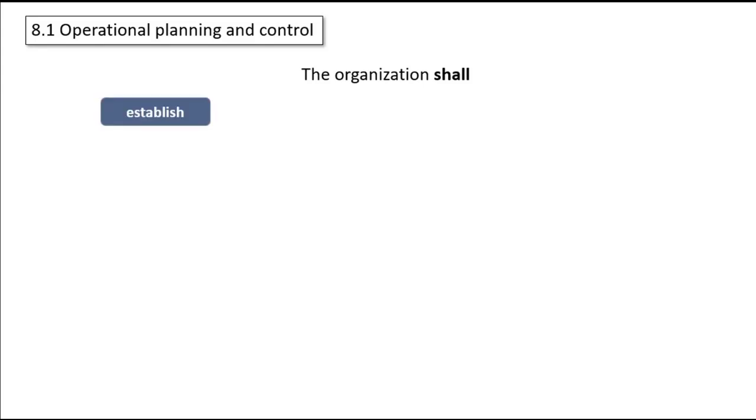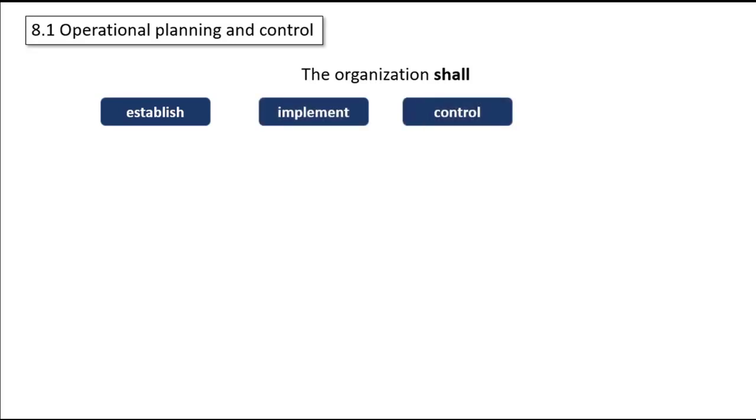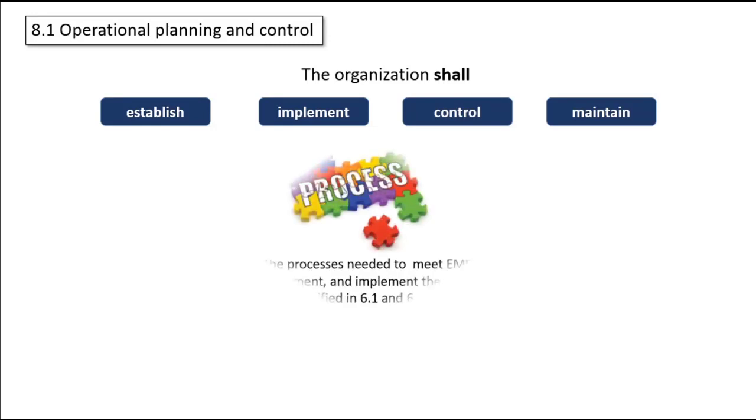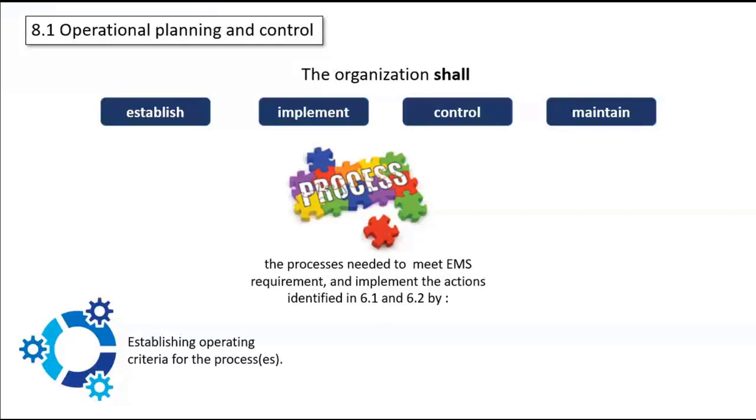The organization shall establish, implement, control, and also maintain the processes needed to meet the environmental management system requirements, and implement the actions already identified in clauses 6.1 and 6.2 by establishing operating criteria of the processes.